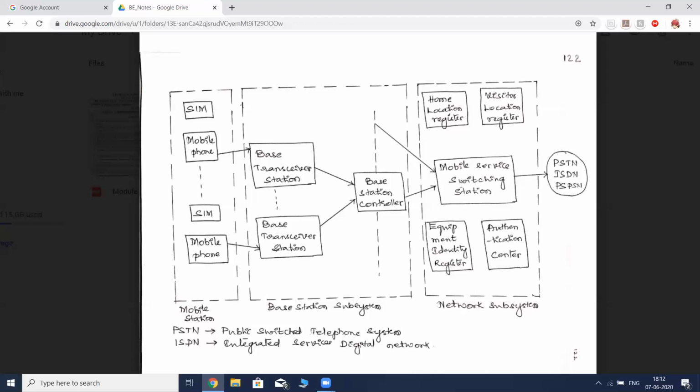The parent reports and says that my son is studying in the 4th semester of computer science and engineering. Now, in order to locate this particular student, what will the principal do? Under him are the HODs, whom we can connect to the base station controller.